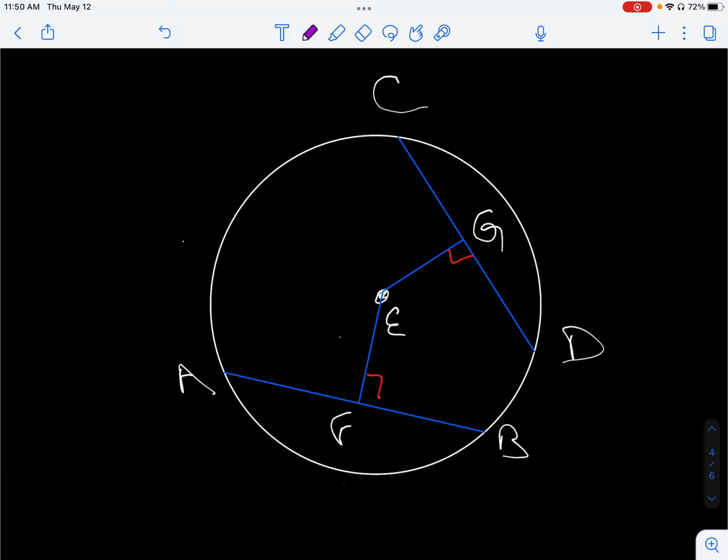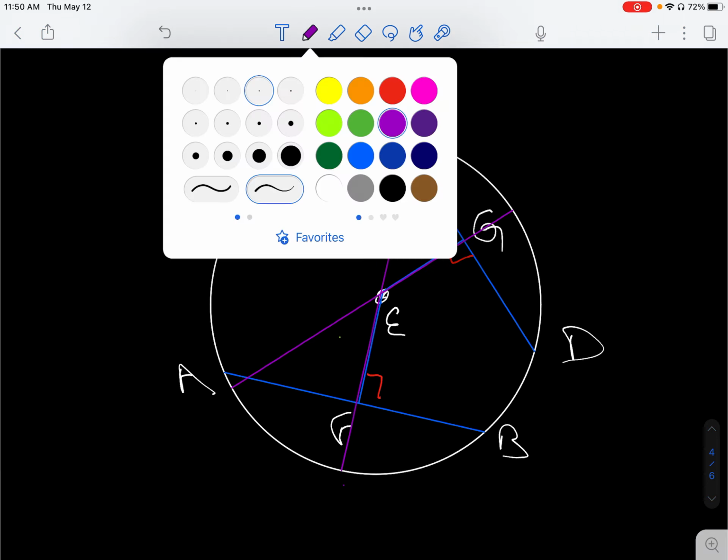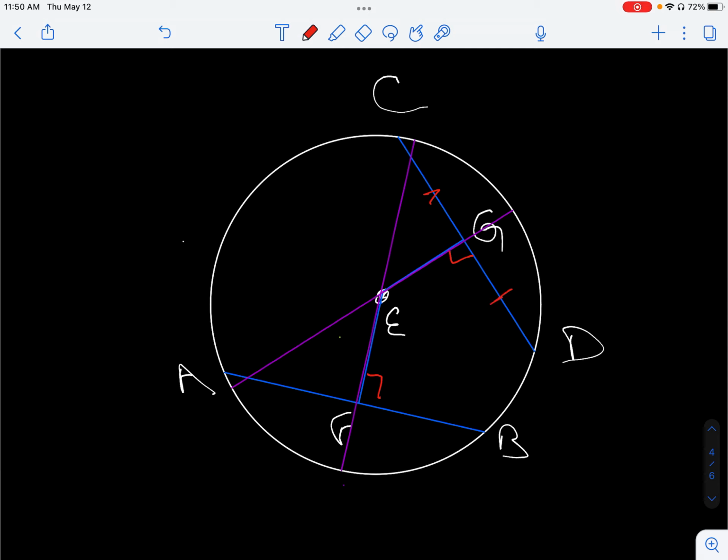Well, if this is a right angle through the center, this is going to form a diameter. This one here is also going to form a diameter, which means what? Which means these are going to be bisected. Why is that important? Well, we'll look at that here in a second.